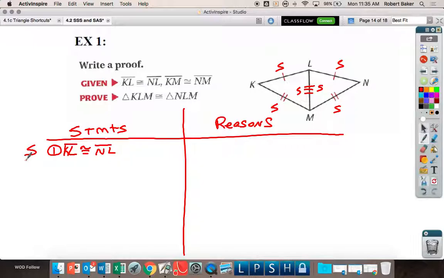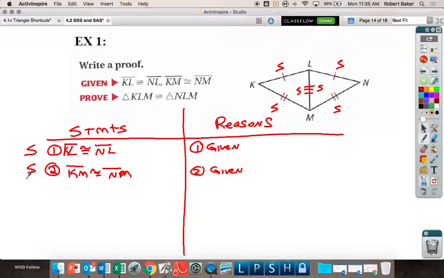The reason it's true, okay, statement number two, line segment KM is congruent to line segment NM. Why is that true? There's also a side statement.